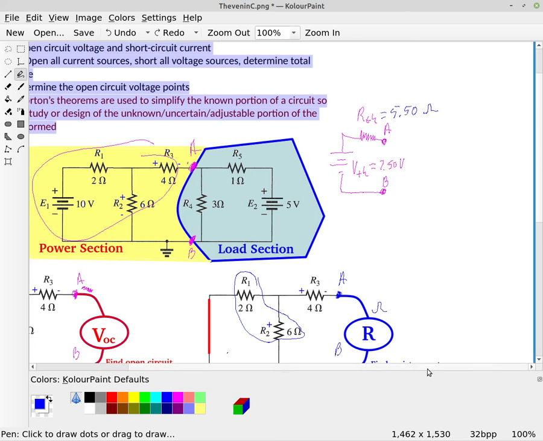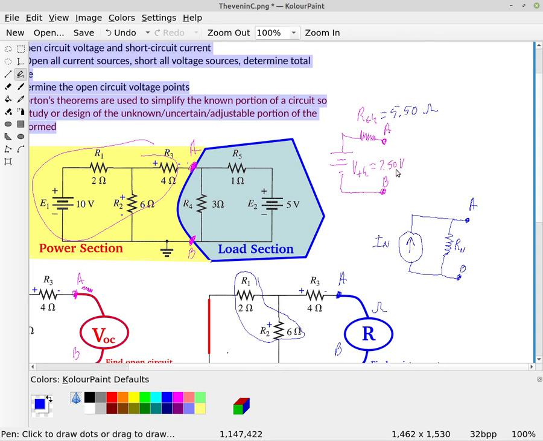Now, Norton's theorem says the exact same thing, except Norton is talking about source conversions. Norton is saying that you could have a current source in parallel with a resistor, and this would still be your points A and B, just like with Thevenin, but we have a resistance R Norton and a current I Norton.